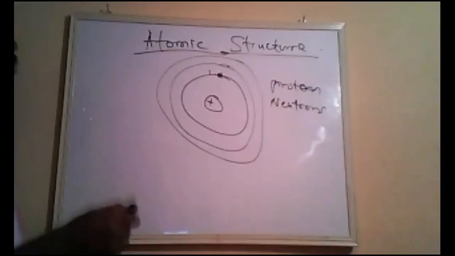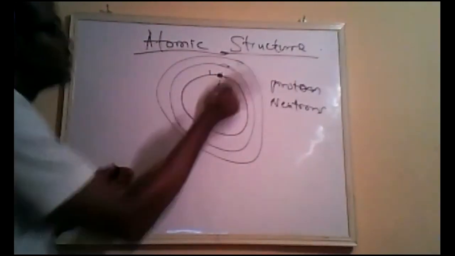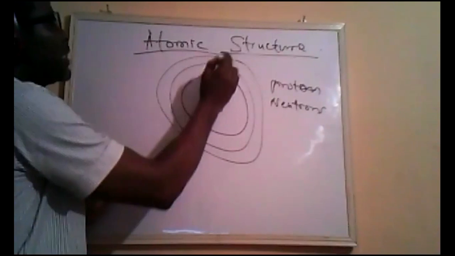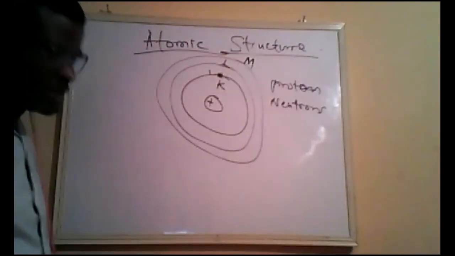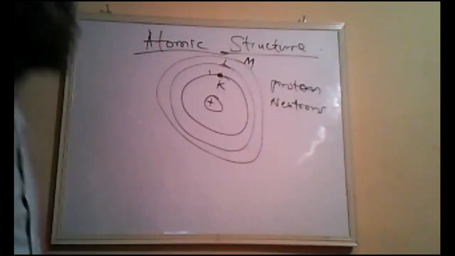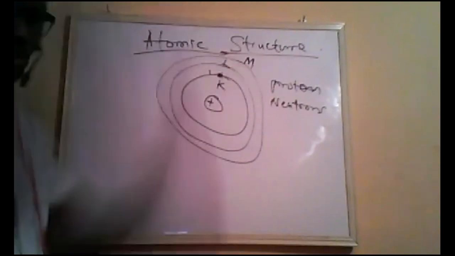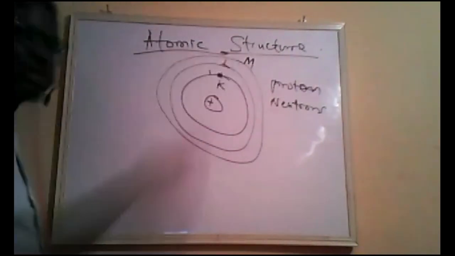But in our basic understanding, the shells are given arbitrary letters, K, and this has been recognized internationally. The innermost shell is given the name K, then L, M, and so on.